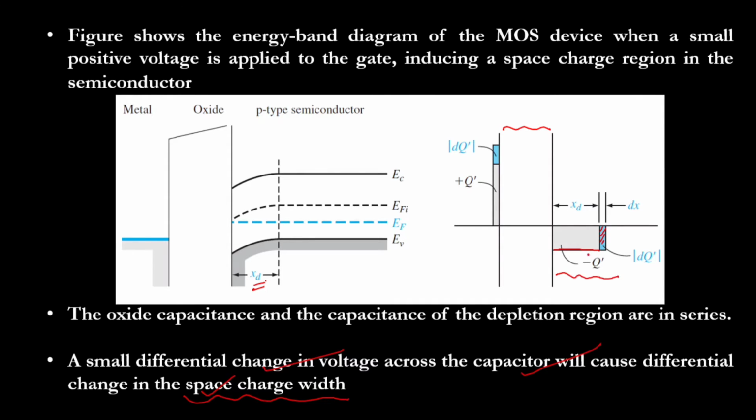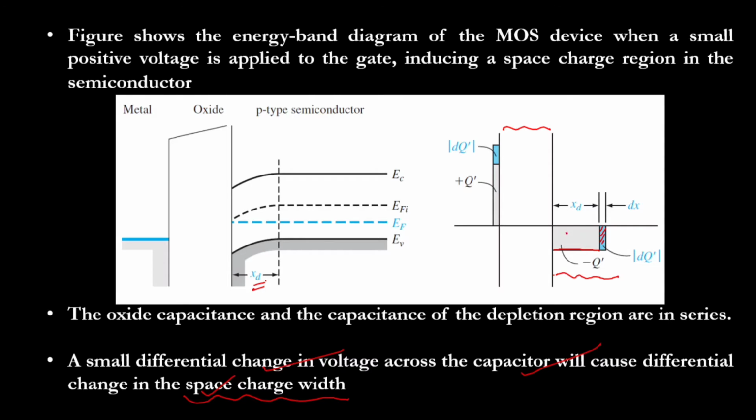Okay, so here there will be capacitance because of the oxide layer and capacitance because of the depletion region. Once two capacitors are combined, the effective capacitance is always going to be less than the minimum value of the ones among them.